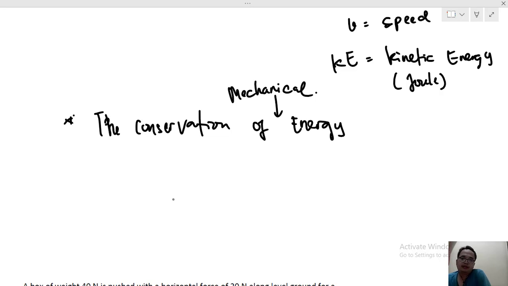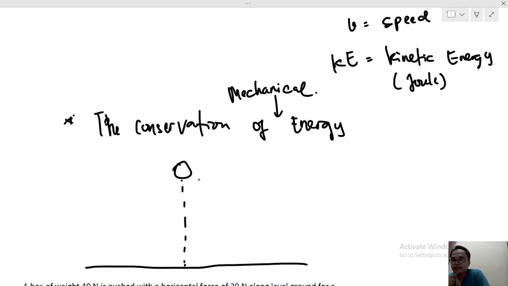How about the case? I will give you an example. If there's an object and we drop the object to the ground, at the first time it has the highest potential energy, and if we drop the object, the height of the object will decrease. So what does it mean?